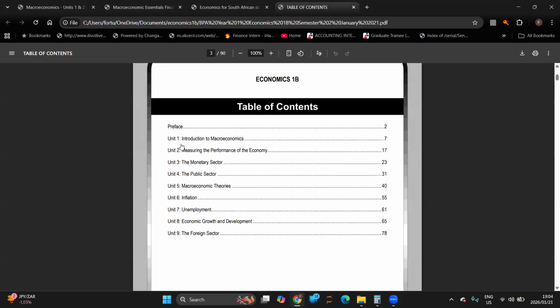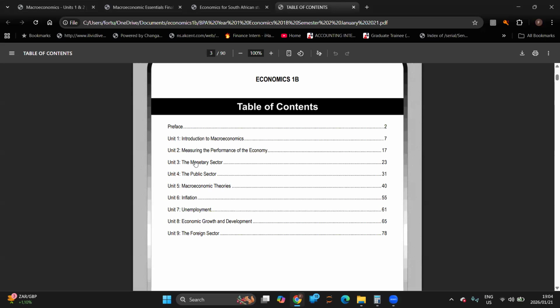We'll appreciate this in terms of some of the other topics, where you'll be having measuring the performance of the economy, which is your unit number 2. After defining what an economy is from a macroeconomic perspective, how then do you measure how that economy is performing? Then we have various sectors formed as a result of the interaction of the participants within that particular market.